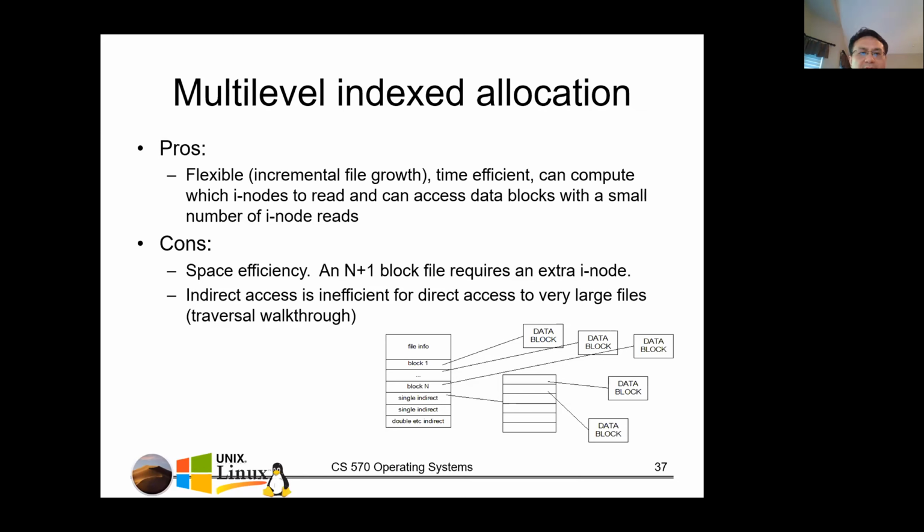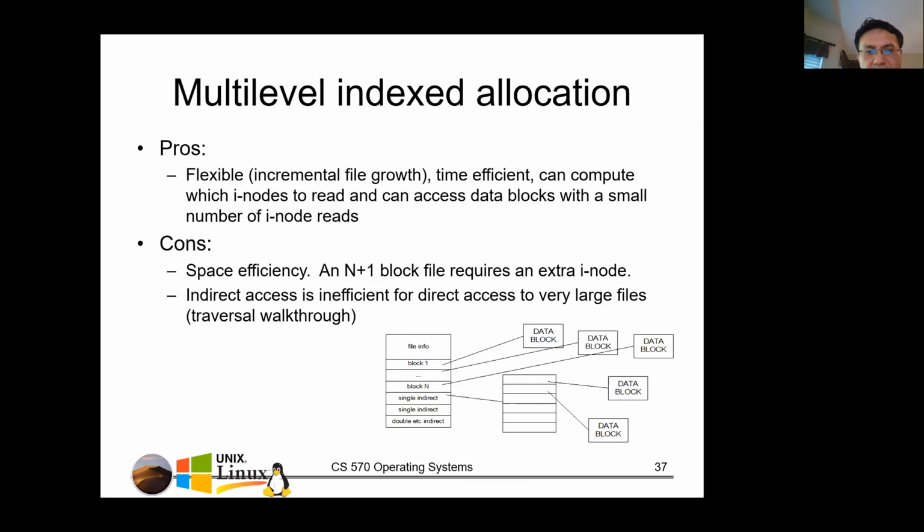All right, and some of the disadvantages: for very small files, a 1 byte file would still need 2 blocks, right?